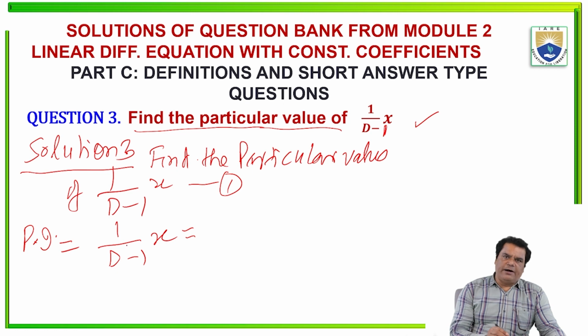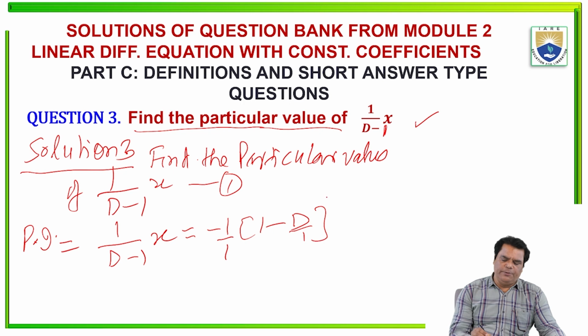Here the minimum power of D is taken common, so minus 1 is common. And here it is 1 minus D upon 1, whole to the power minus 1, into x. This is binomial.